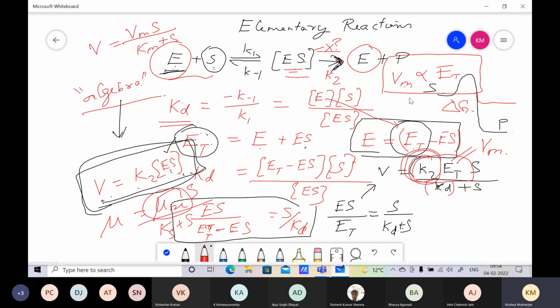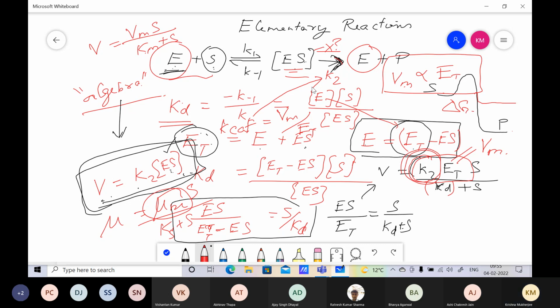But Vmax upon ET is a measure of the catalytic efficiency. So we call that often Kcat. And I will come to Kcat also. So Kcat is nothing but Vmax upon ET, which is nothing but this K2. Am I cluttering up the board too much, or can you see?